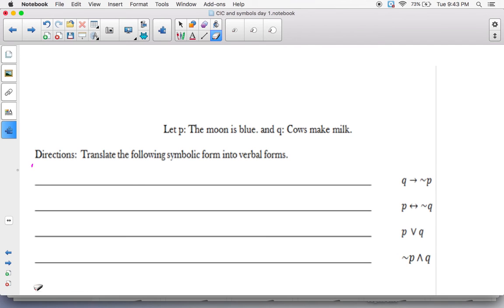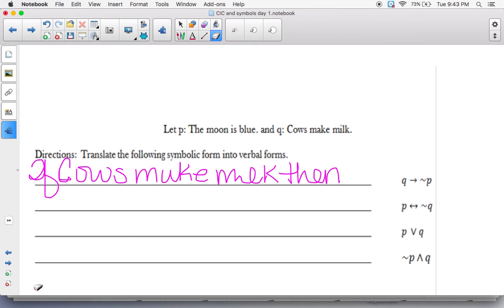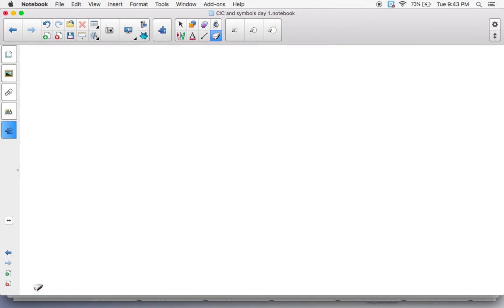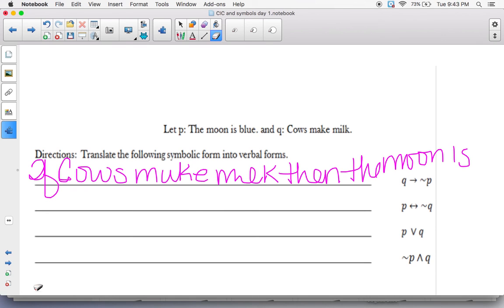So we're going to go if Q, cow, make milk, then the moon is not blue. Okay?